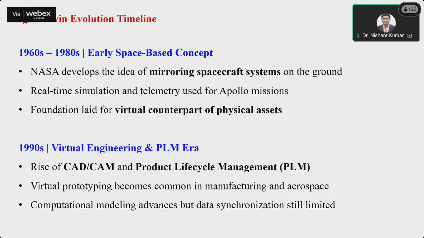Then slowly, after the 80s, in the 90s, some other companies came into the picture and started using these things for product life cycle management. But these things were still under the control of NASA, a government control, not private. Initially a few private companies got involved and tried to develop this for the commercial level.